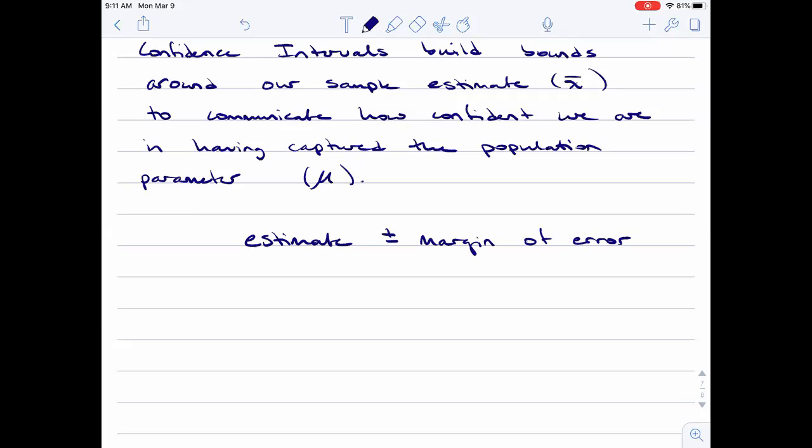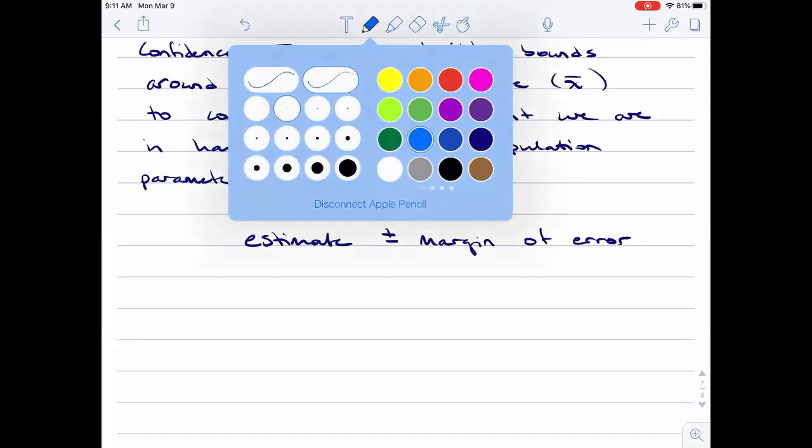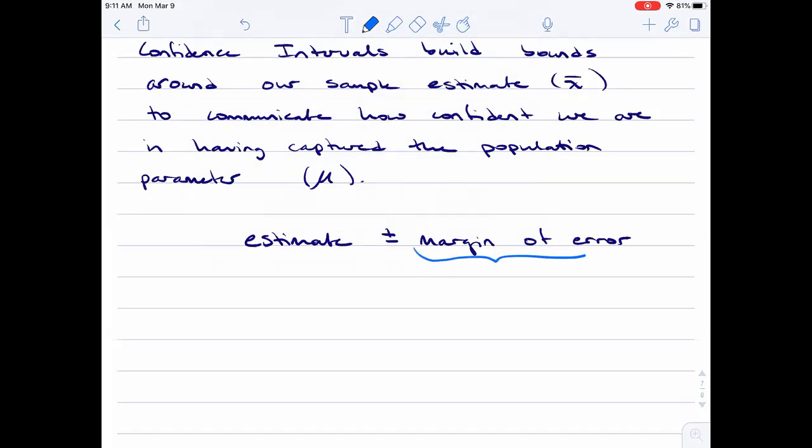And your margin of error is that buffer that you apply, plus minus because you want to go down a little, up a little. I call this your buffer. You've got this little buffer zone. That's your margin of error.